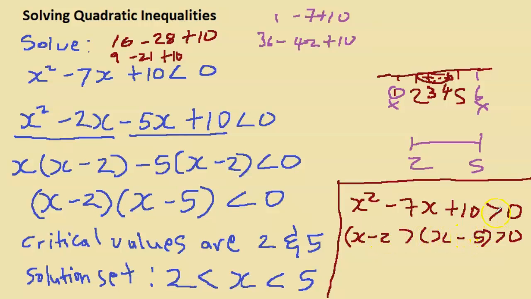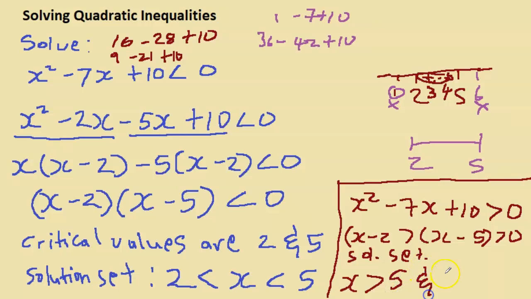What would be our solution set? As a general rule, when the quadratic expression is greater than 0, the solution set is x is greater than the larger critical value. In this case, the larger critical value is 5.